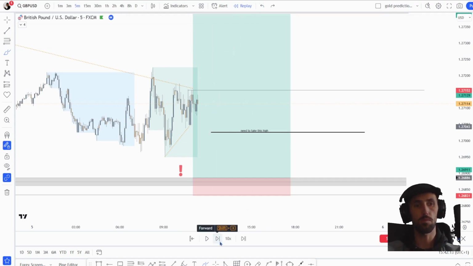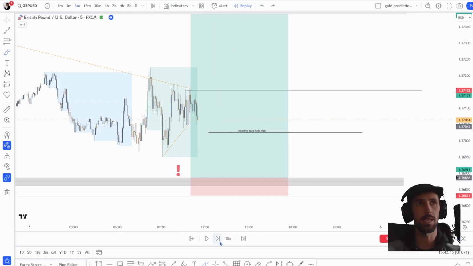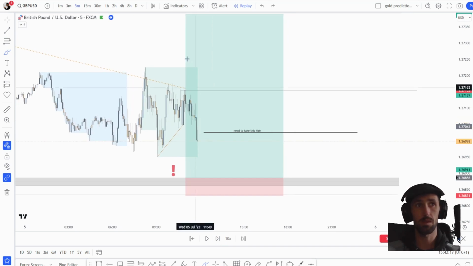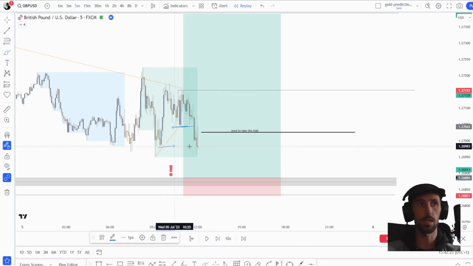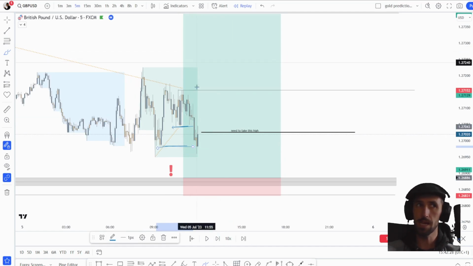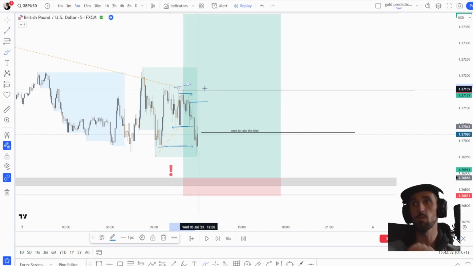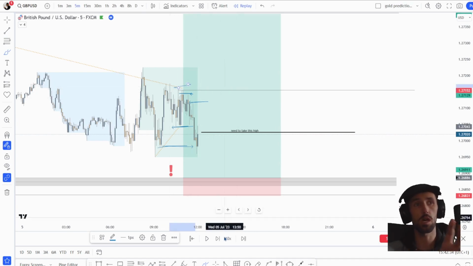So look at price and work out where it's expanding and you'll see where the stop losses are. See the large expansion past this low people are trying to buy from. Again, an aggressive expansion past this low people are trying to buy from. Now everyone's selling. So where are your stop losses? Here, here, here. Remember, what they want is everybody to be on the wrong side of the market.